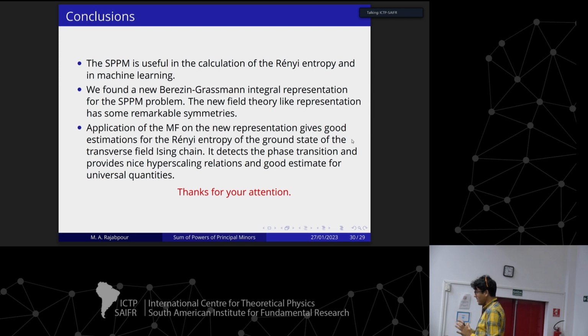In the case of the Ising chain, it doesn't matter whether you have a boundary, like just a chain, or it's periodic or open. You can find that matrix, whose principal minors you need to find and sum over the powers. In both cases, you can do this. But here, I mostly did it for the periodic one for simplification, because then I have translational invariance, which makes my life much easier.